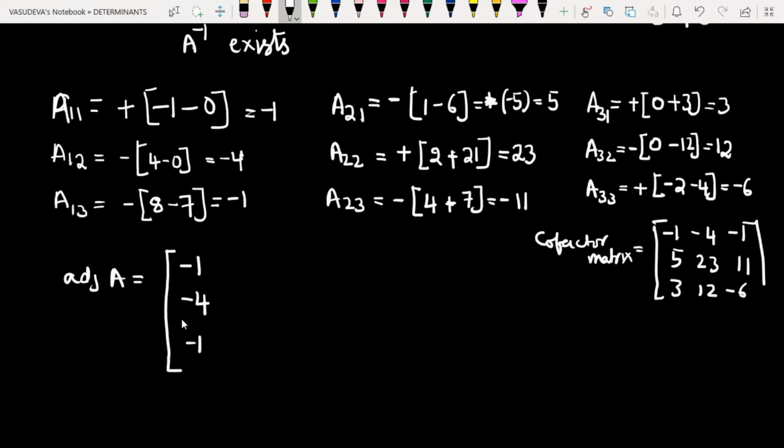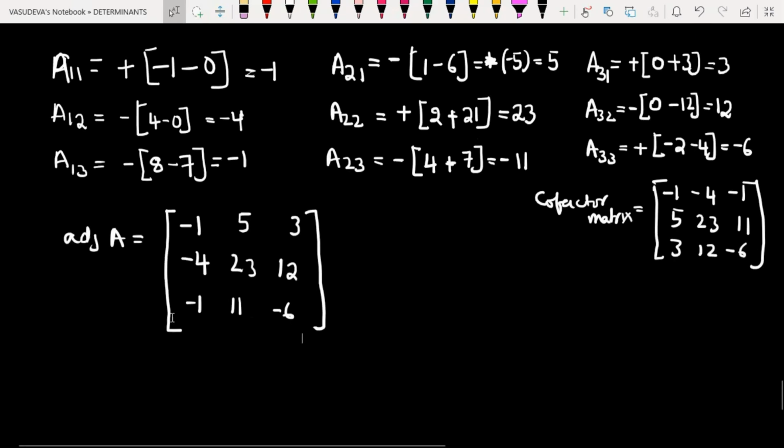The transpose of this will be the adjoint, so we can write it directly: minus 1, minus 4, minus 1, 5, 23, 11 and 3, 12, minus 6. So this is the adjoint of A.